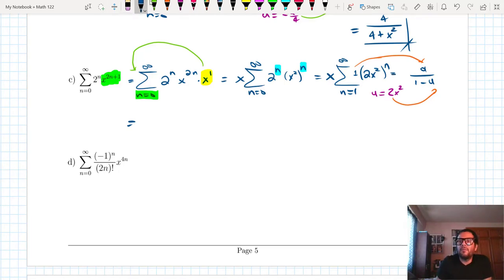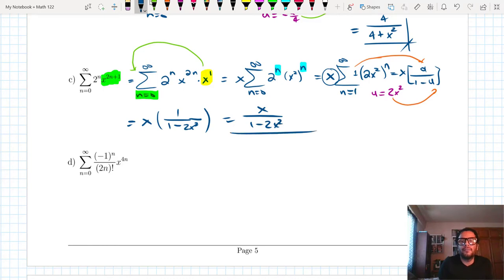I'm going to put a bracket around the a over 1 minus u, and carry this x in front. This will be x times 1 divided by 1 minus 2x squared. So the function being represented in this case, just multiply x times 1 to make this look nicer, is x over 1 minus 2x squared.